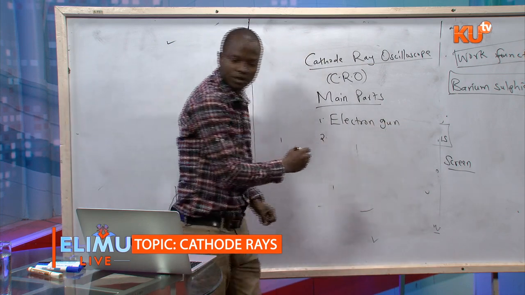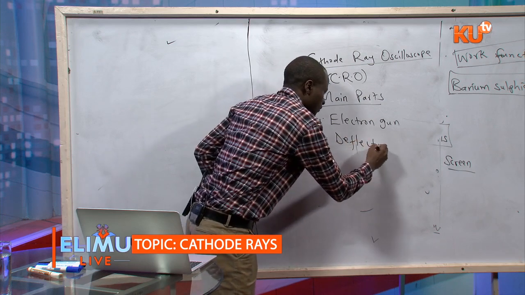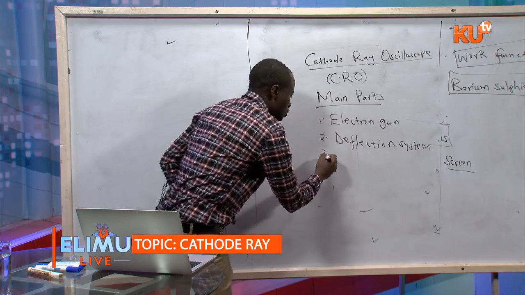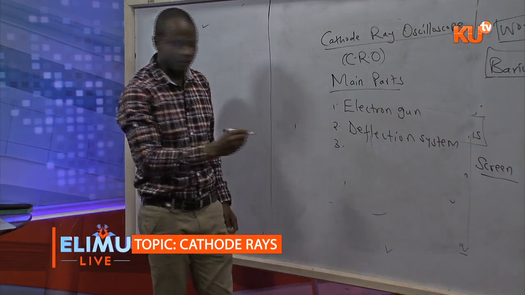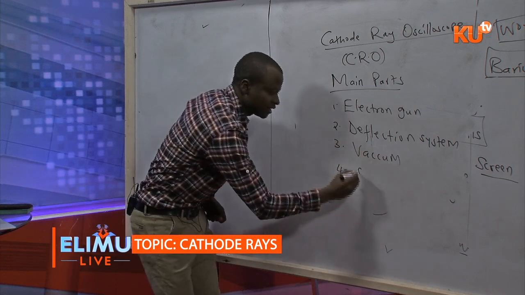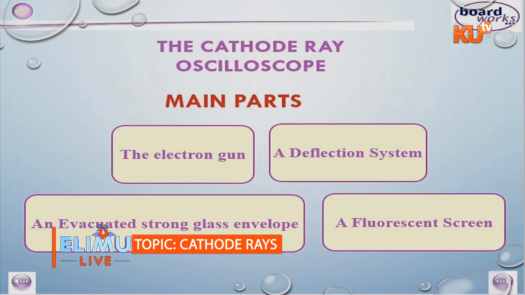Then we have talked about another one being a deflection system. We have also talked about a vacuum and a screen. These are the four main parts of a CRO. You can simply tell us electron gun, deflection system, a vacuum, and a screen.